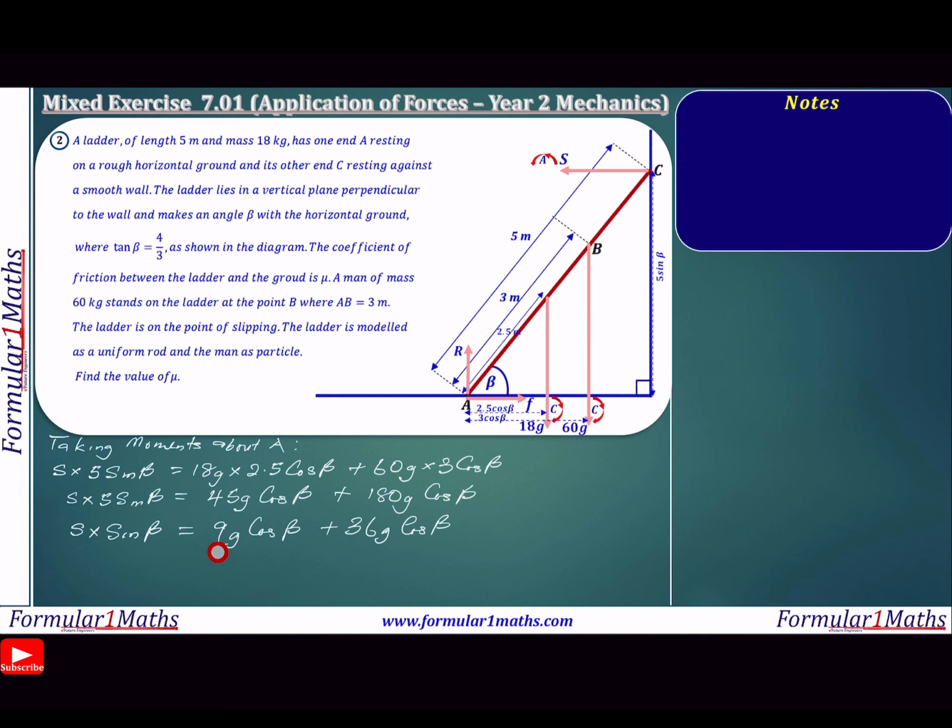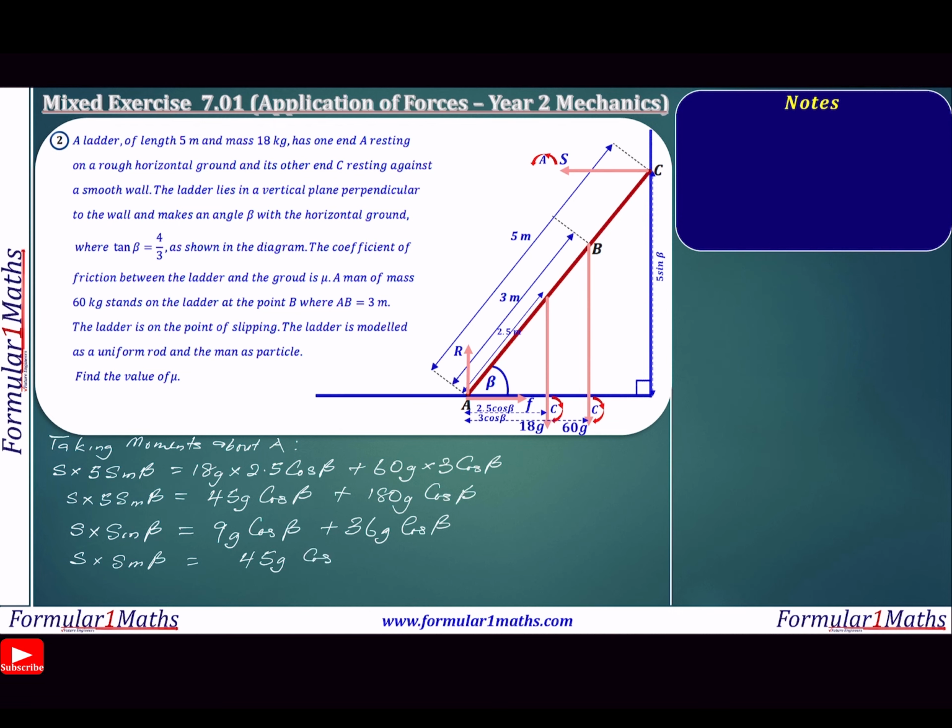But 9G cos beta plus 36G cos beta is equal to 45G cos beta. So the equation becomes S times sine beta is equal to 45G cos beta.